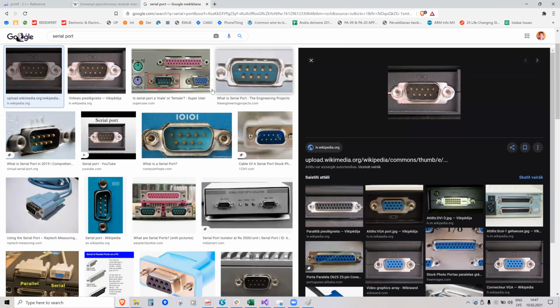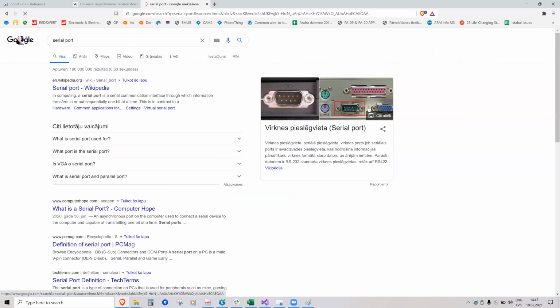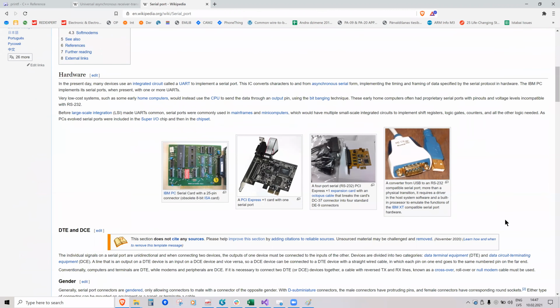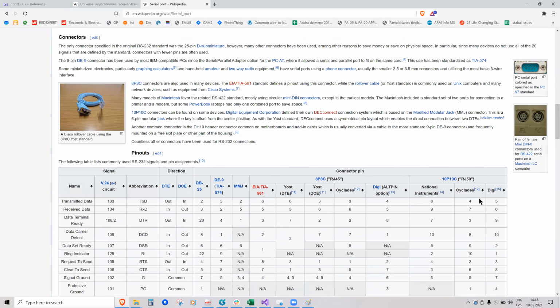The only thing is that this serial port had high voltage. It was something like 15 volts on these lines, but older microcontrollers work from 5 volts, and newer microcontrollers work up to 3.3 volts or 3.6 volts.